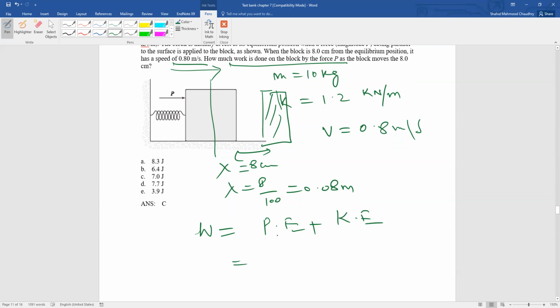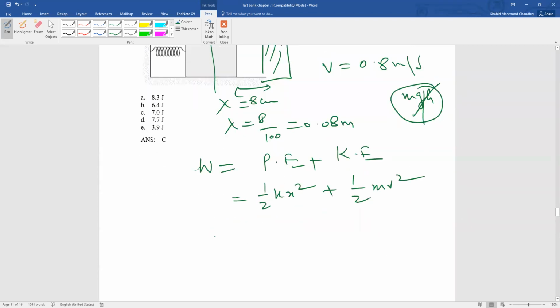Potential energy of the spring doesn't mean mgh. No, that is called gravitational potential energy. But here we are studying the potential energy of the spring, and this is equal to 1 over 2 kx square plus half mv square. Now you can put the values and solve it.